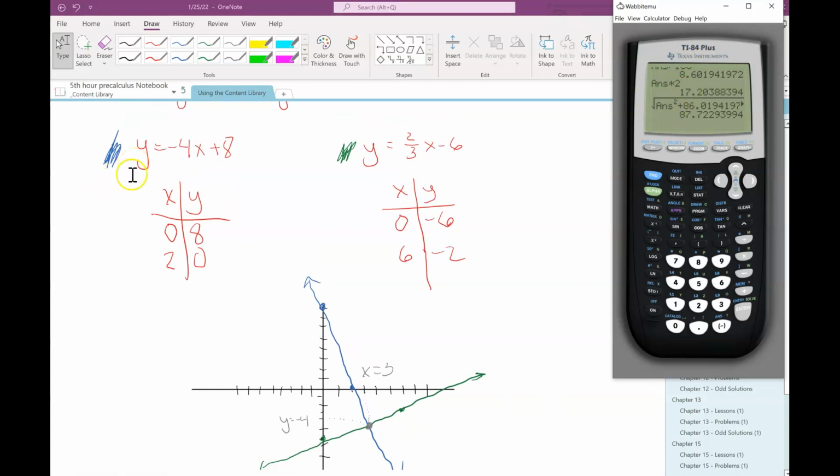So to do this with our calculator, we'll go to the y equals menu. We're going to plug in the equation y equals -4x plus 8. And then the second equation, 2/3 x minus 6.